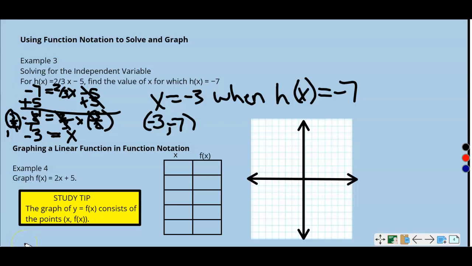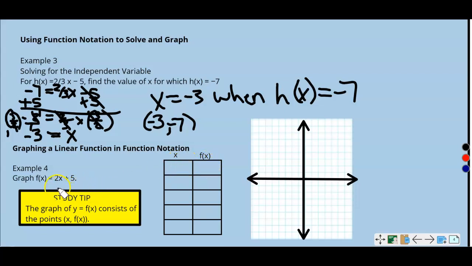All right, example 4 says graph f of x equals 2x plus 5. It says study tip: the graph of y equals f of x consists of points x and f of x. So instead of x and y, you've got x and f of x. Again, it's just function notation. It's basically the same thing as x and y.